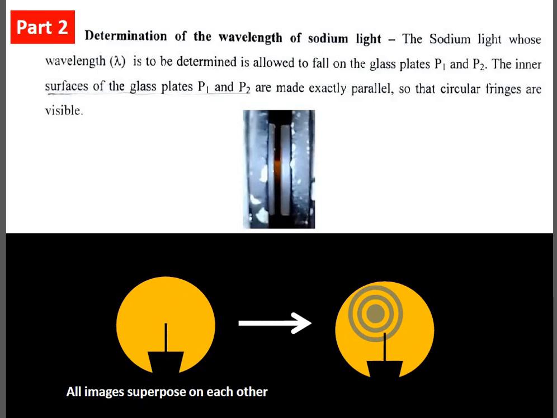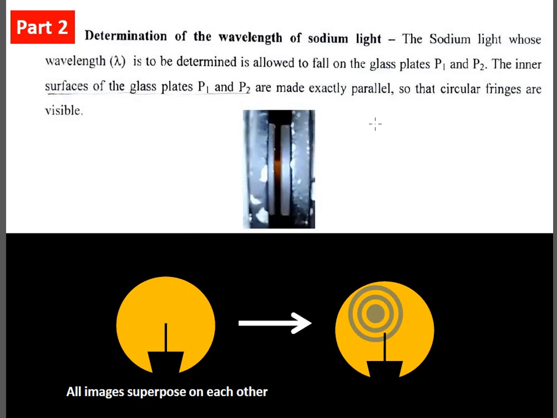Now you see the sodium light, whose wavelength we will be determining, is allowed to fall on the glass plates between P1 and P2. Now the inner surfaces of the glass plates are made exactly parallel. Again, remember this, when I am saying allowed to fall, it must fall at an oblique angle, not at a straight angle. You must remember this. In the lab I could have shown you.